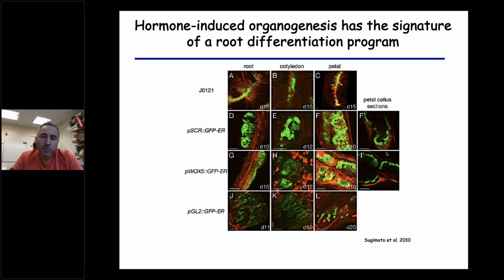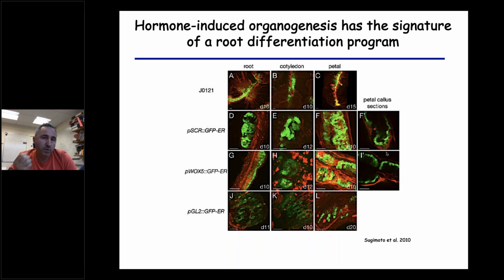And this is interesting because Elliot Meyerowitz and Sugimoto, almost 12 years ago, realized that when we take Arabidopsis plants and induce callus formation, this hormone-induced organogenesis that comes from the callus has the typical signatures of a root differentiation program.